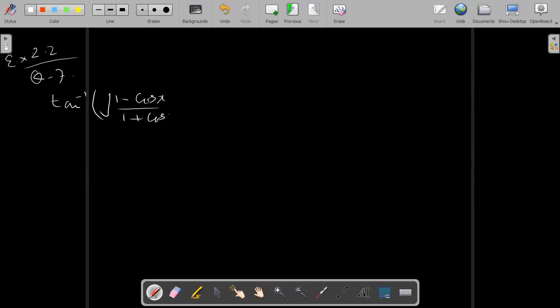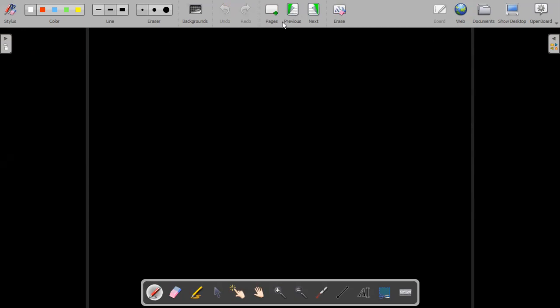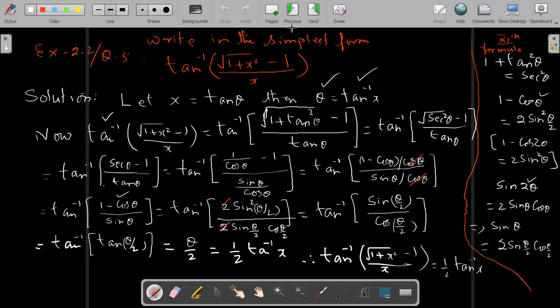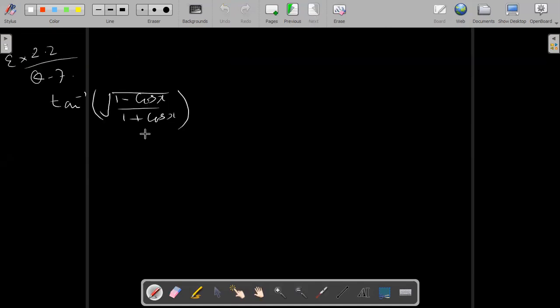Now see, in the previous question there was x inside the inverse. In this question, there is a trigonometrical ratio inside, so we cannot put anything; we just directly apply the formula.